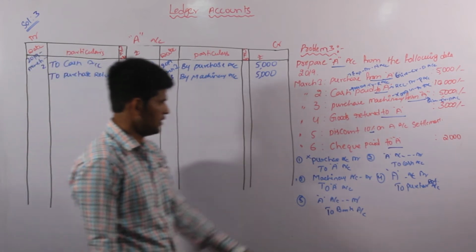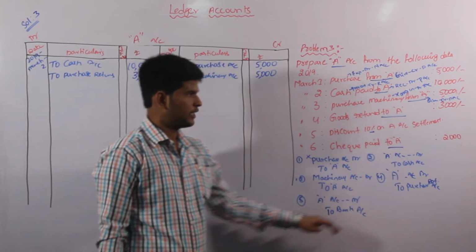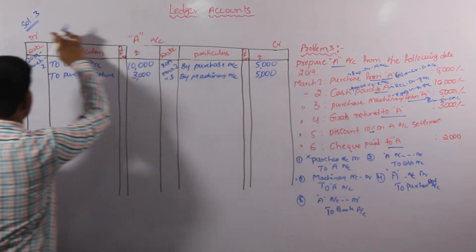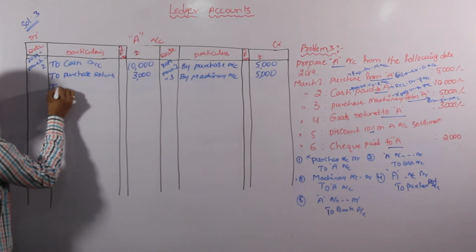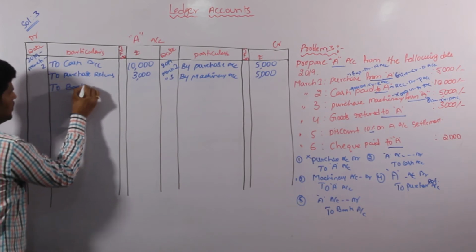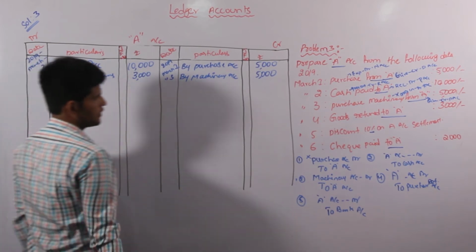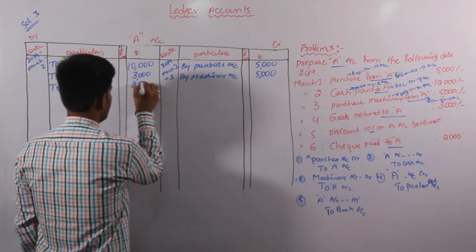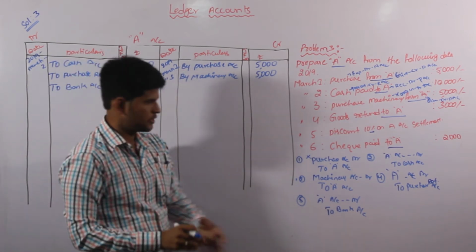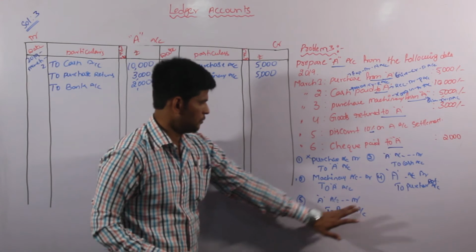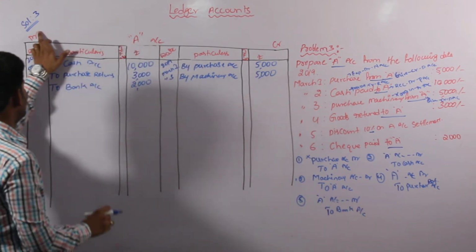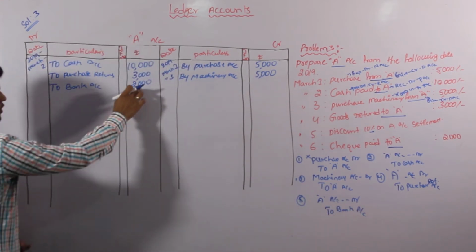Right. And the next one, A account debit to bank account, worth 2000. A account debit to bank, 2000.